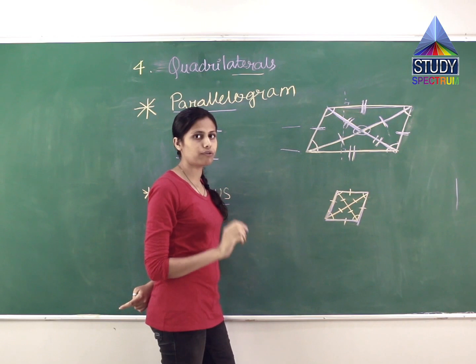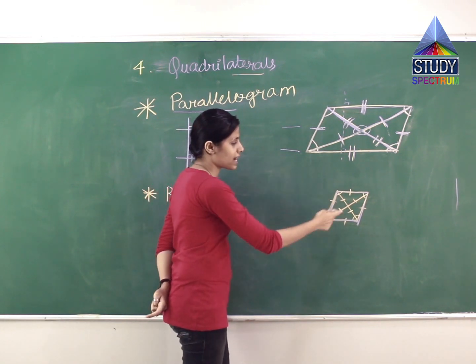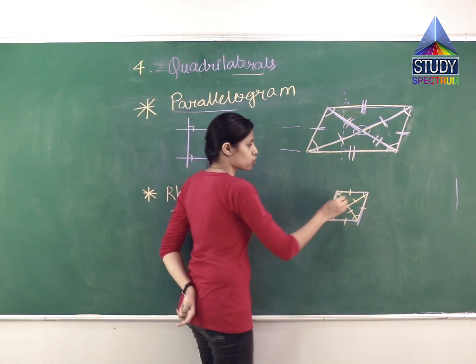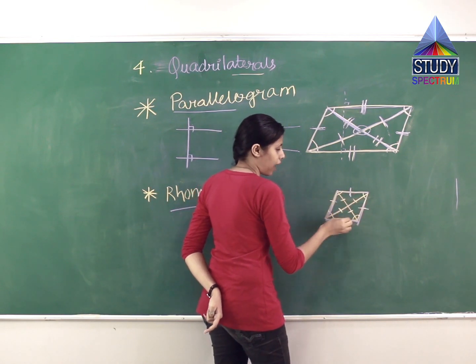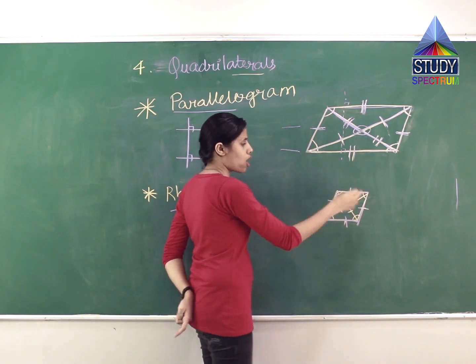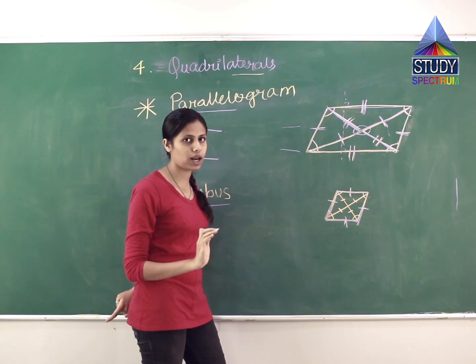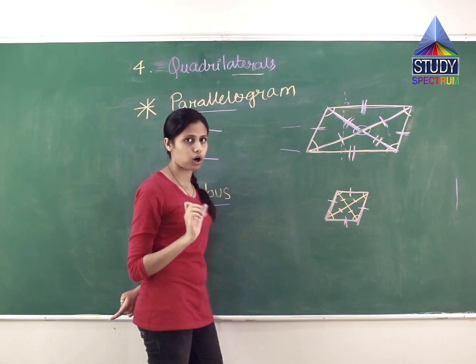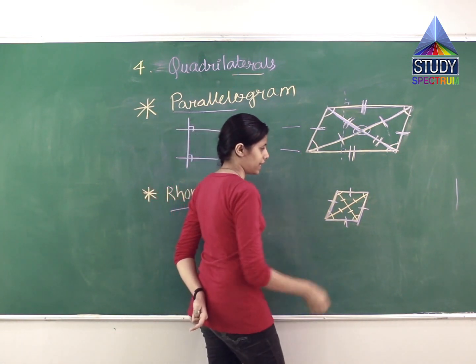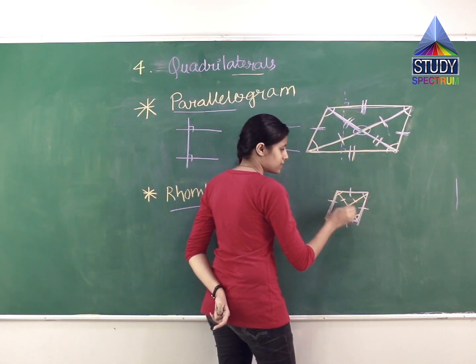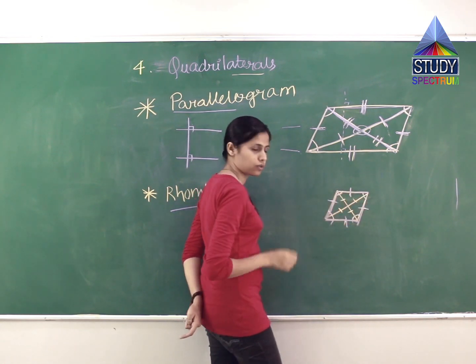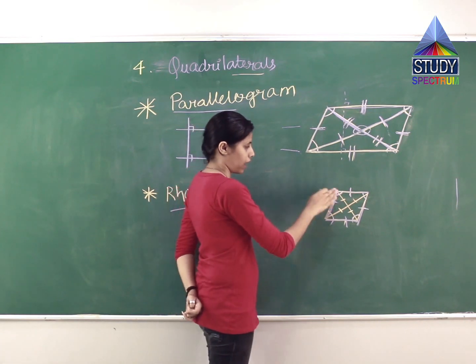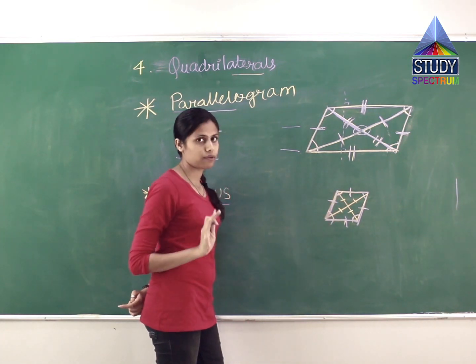The second property of a rhombus is that all the sides are equal in length, so it is represented by one arc. See, all the 4 sides are equal in length. No side is longer or shorter. It has 4 angles. As it has 4 sides, it has to have 4 angles.